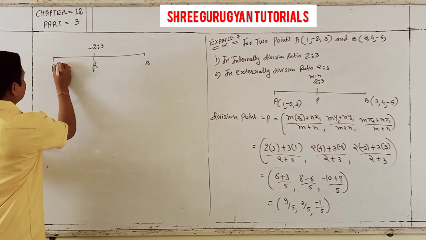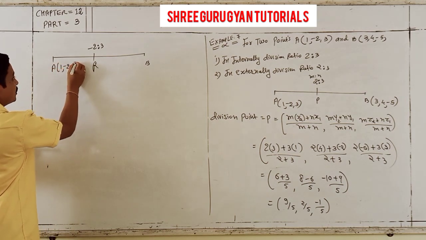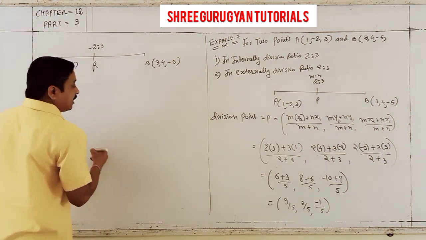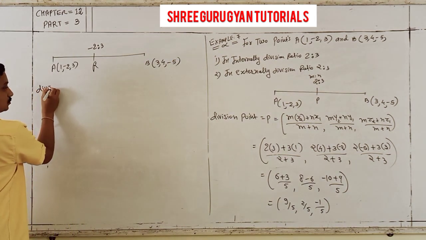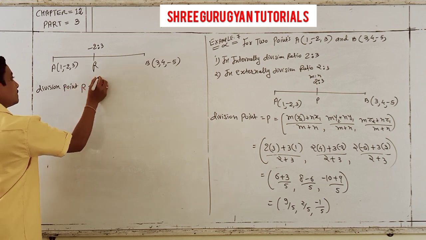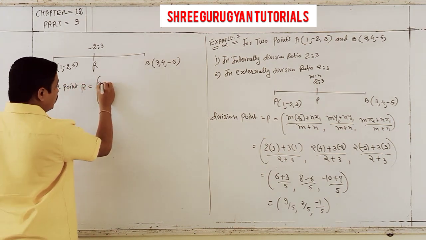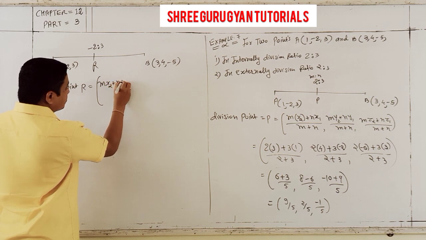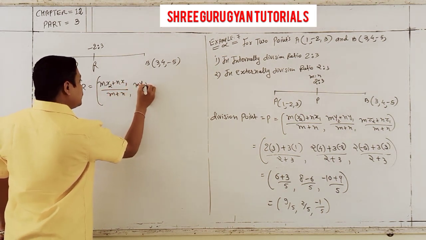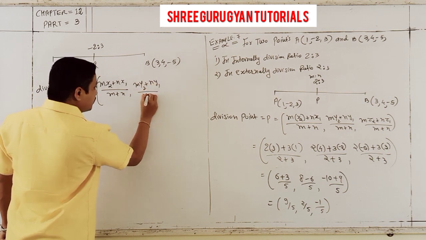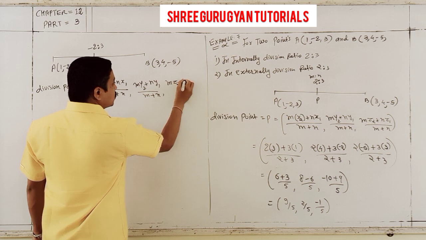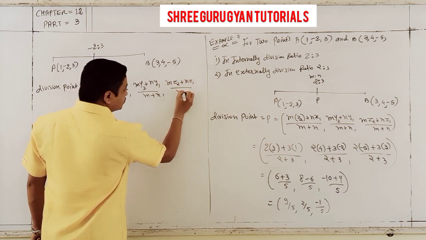My values are A (1, minus 2, 3) and B (3, 4, minus 5), and the division point is R. mx2 and x1, the same formula by m plus n, the same as my2 and y1, and mz2 and z1.